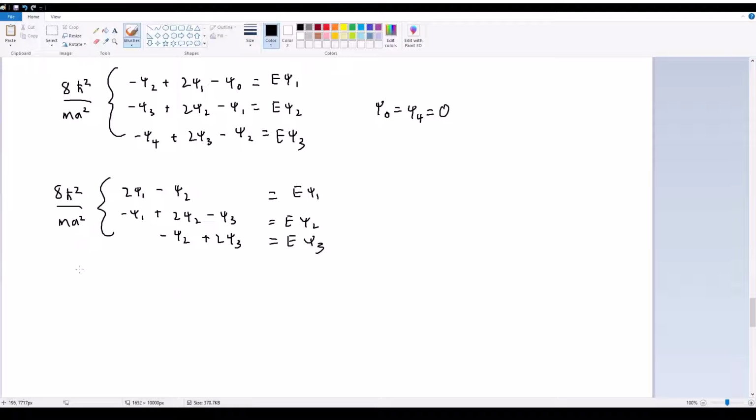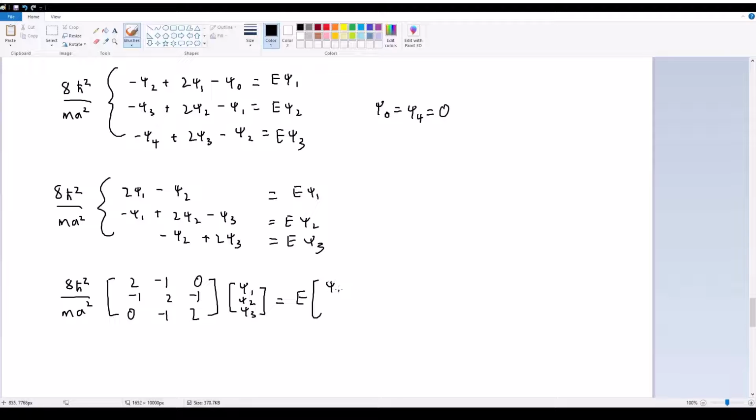So rewriting this as a matrix equation, we get 8ħ²/(ma²) times the matrix 2, negative 1, 0, negative 1, 2, negative 1, and then 0, negative 1, 2. This is multiplied by the vector of psi, which is now a 3-term vector, psi 1, psi 2, and psi 3, and this is equal to E times psi 1, psi 2, psi 3.